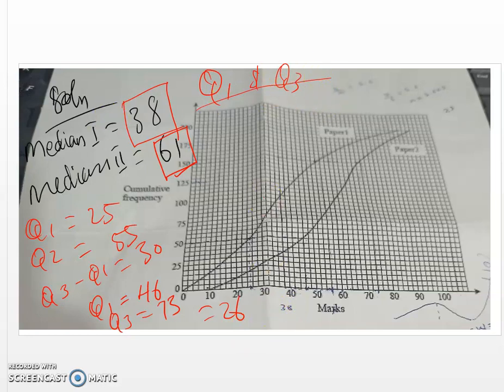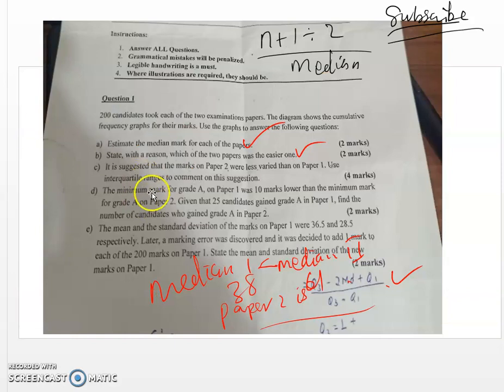So we can go back to our question, option C. We know that 30 is greater than 26. If 30 is greater than 26, what does that imply?